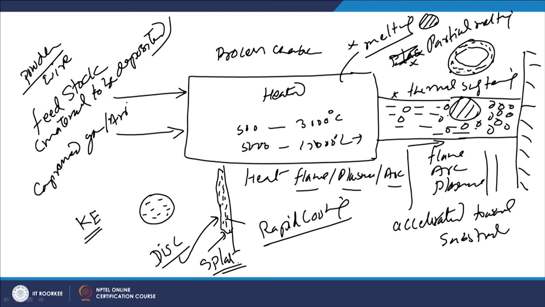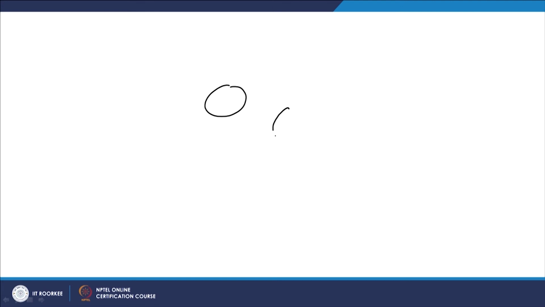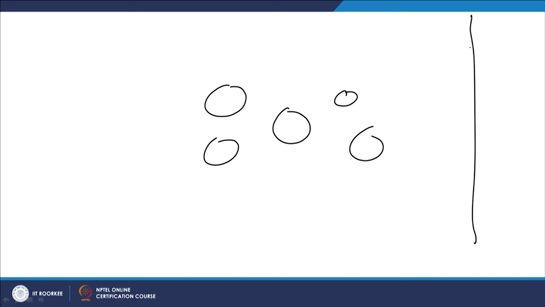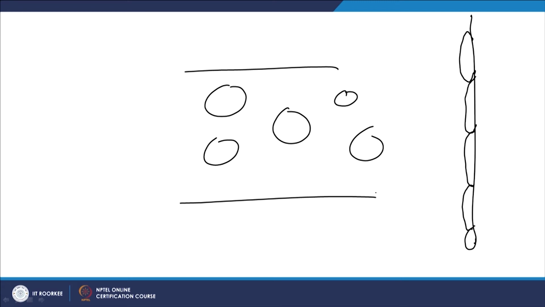So, basically in thermal spraying, the molten or semi molten particles which are being accelerated towards the substrate will impinge with the surface of the substrate and then get flattened. This is how the heating is primarily taking place for these particles, and the metal is deposited in the form of unit pieces, in the form of splats.